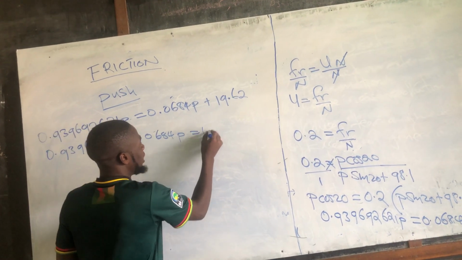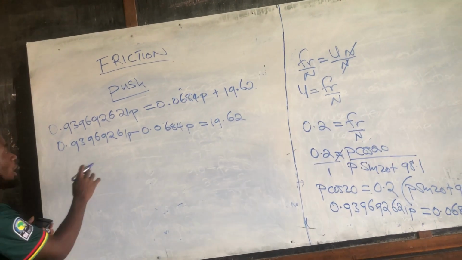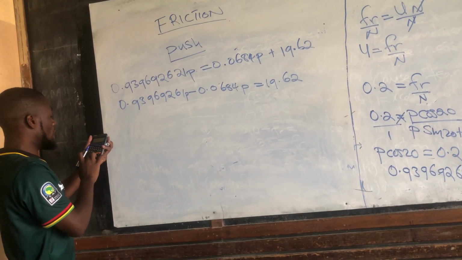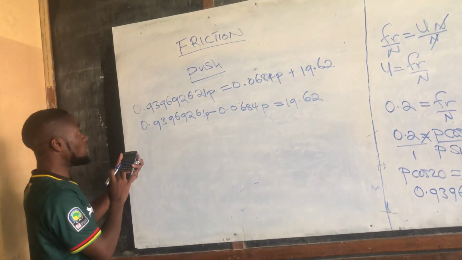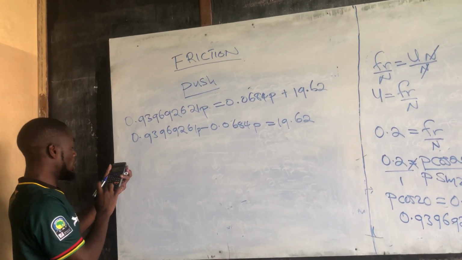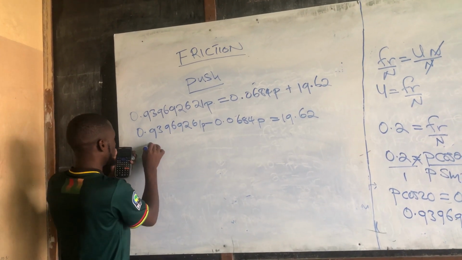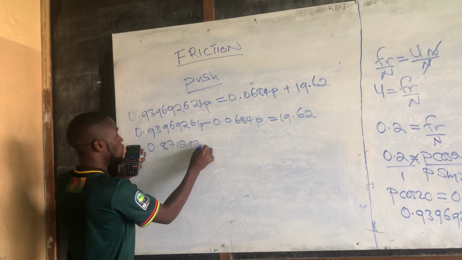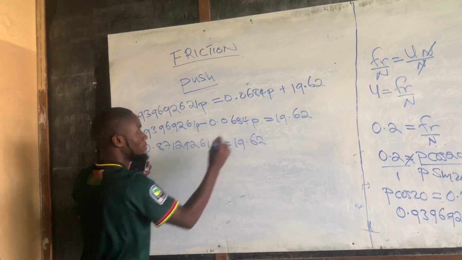It is equal to 19.62. So here we can subtract: 0.93969261 minus 0.0684. This one will give us 0.87129261p equal to 19.62 here. Simple.